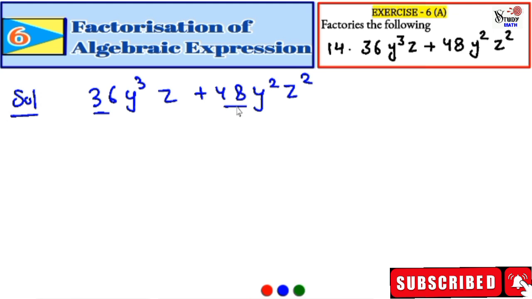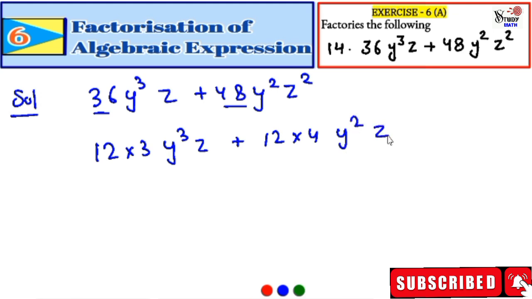So 6 is common. 6 6s are 36, y to the power 3z plus 6 8s are 48, or we can take 12 also, because 12 3s are 36 y cube z plus 12 4s are 48 y square z square.